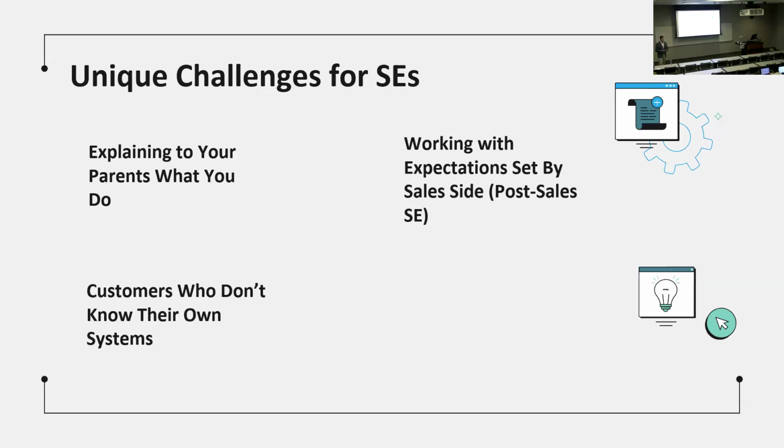So third is, customers might not always be aware of what exactly is going on, especially in a really big company. There's going to be multiple software engineering teams, multiple architecture teams, multiple leadership teams.